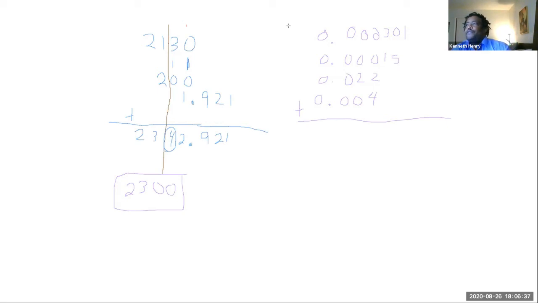For the very first one, where would I draw the line for significant figures? Where do significant figures end? Between the 0 and the first 2, that would be 1, right? Right here?